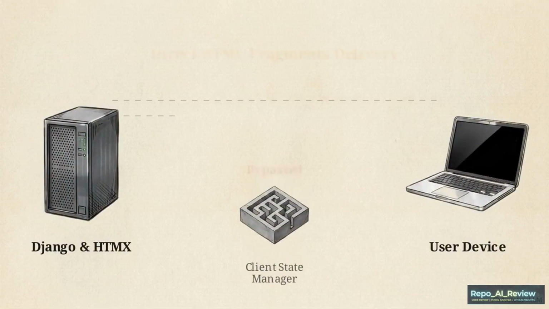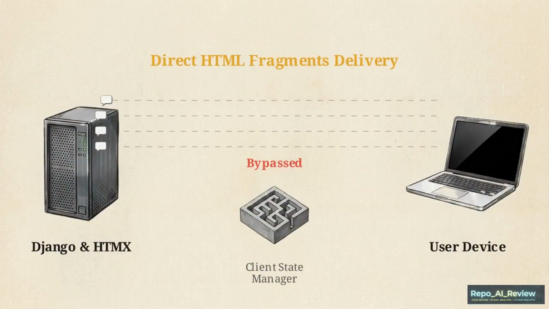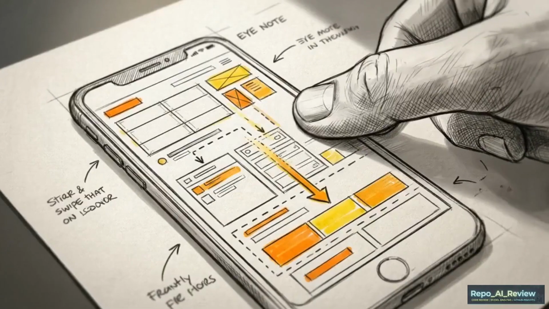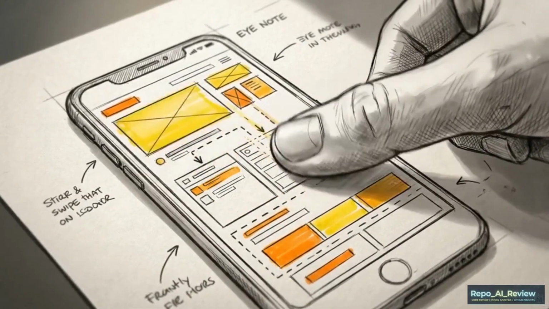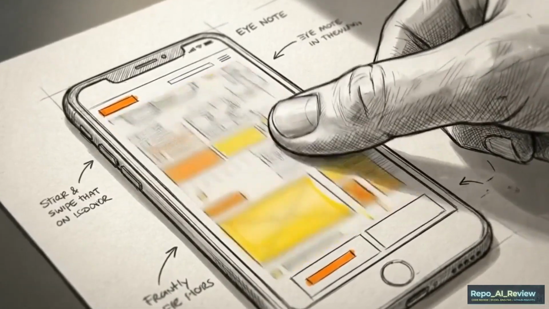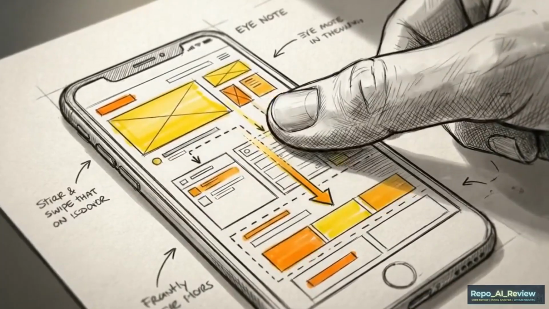This diagram shows the differentiator, HTMX. The Django backend processes core logic and uses HTMX to deliver the frontend. Notice the delivery. The server transmits precise HTML fragments that bypass client state managers entirely. This creates a fast, responsive experience that feels exactly like a single-page application, but without the traditional client-side overhead.